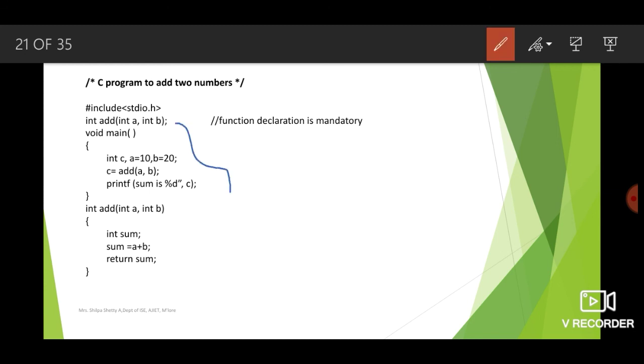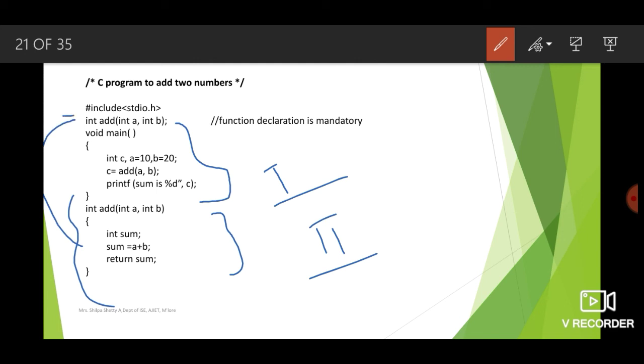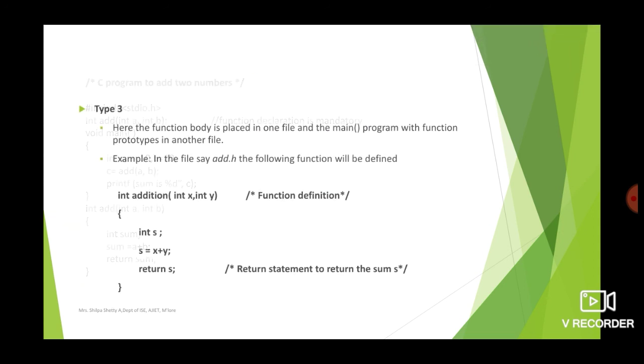So the main function is written first and then the add function is written next. When you write in this order, where the definition is written later, the function declaration is mandatory. It is a must. This is the type 2 function that you have.